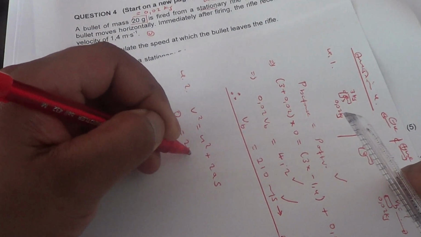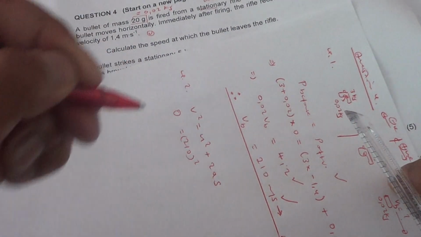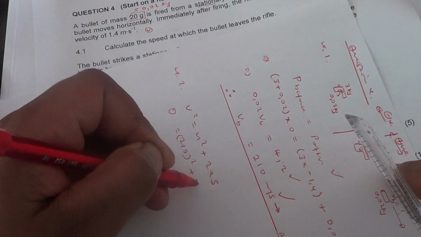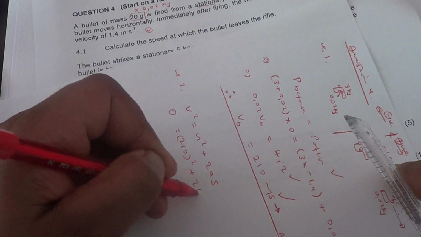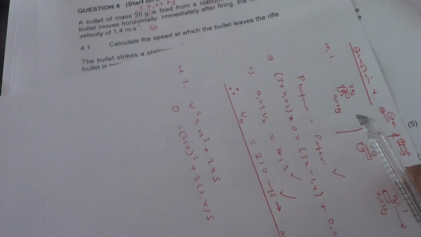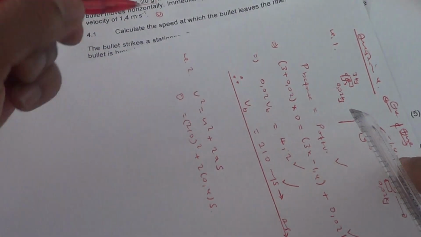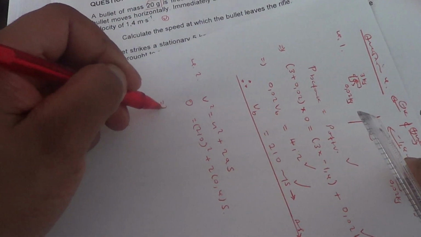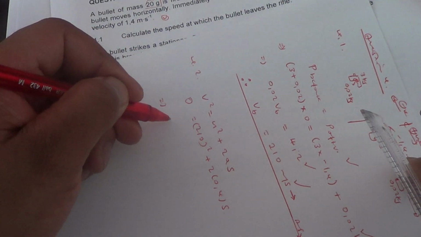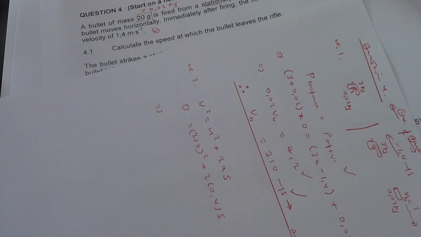Initial velocity is 210, but this is squared. Plus 2, the displacement was 0,4, times s, which is what we don't know. Great. So you can transpose that one over there. So we now know that 0,4 times 2 is 0,8.